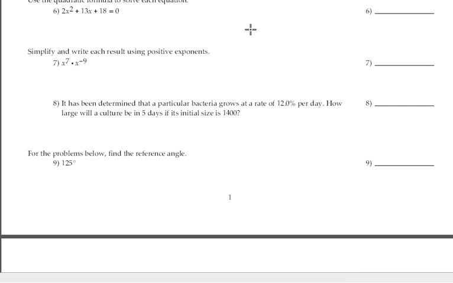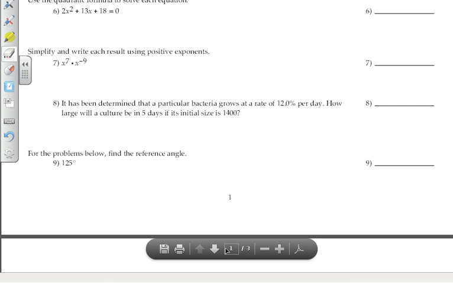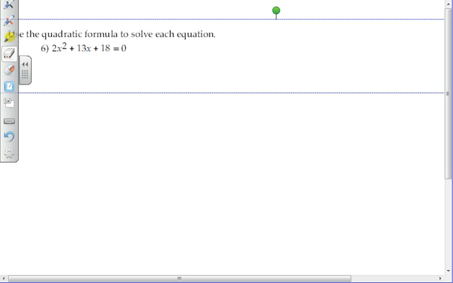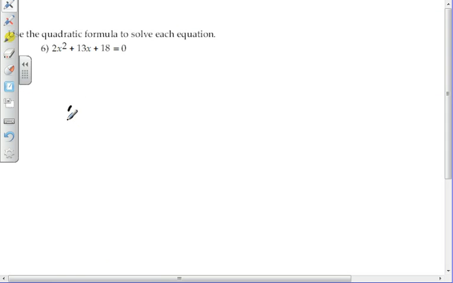Now notice that this one says use the quadratic formula. Do I really care if you actually do that? Probably not. The first thing I'd do is try to factor it. 2x, x.